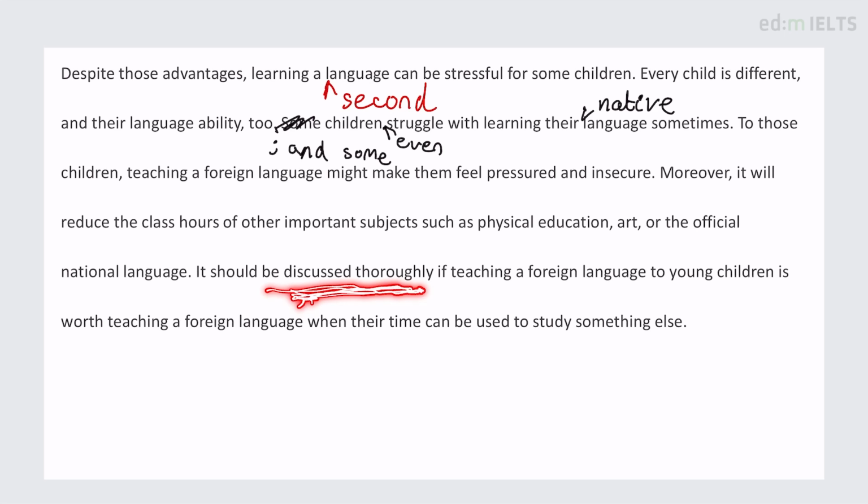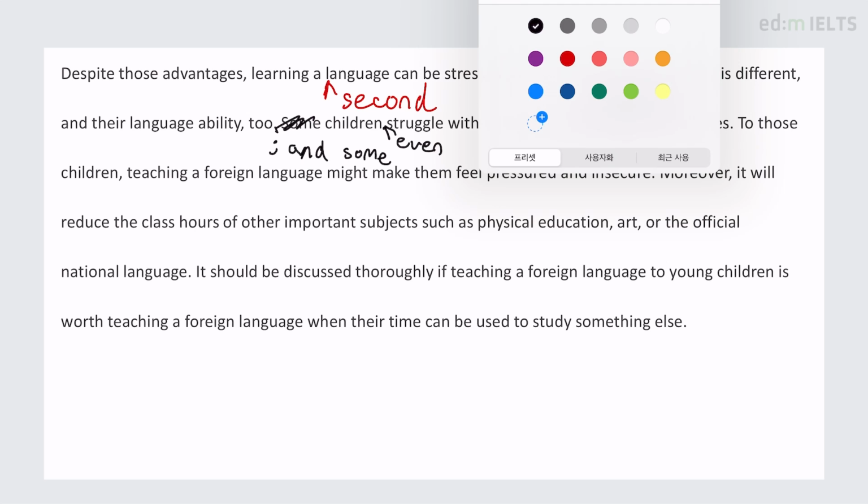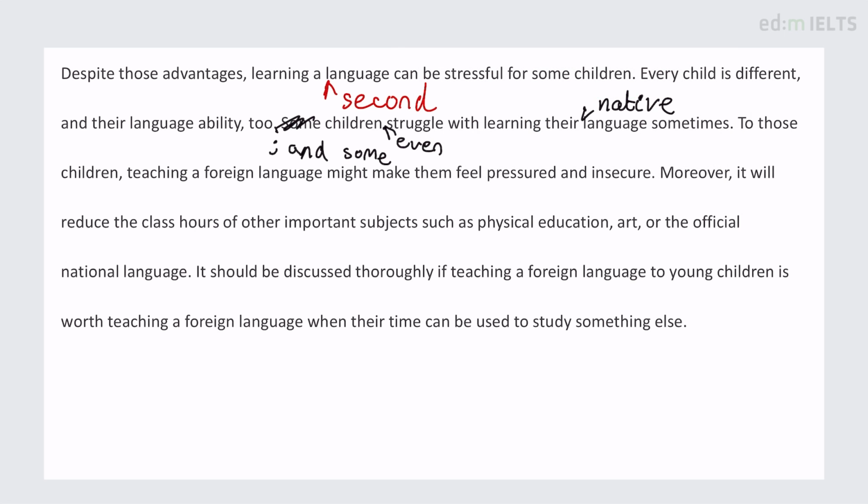It should be discussed thoroughly whether or not teaching a foreign language to young children is, well, you can't say the same thing twice, is worth doing this. So I could say whether or not it is worth. To young children, but it is worth is a bit kind of casual, informal.